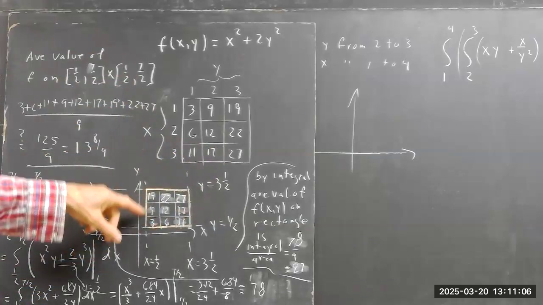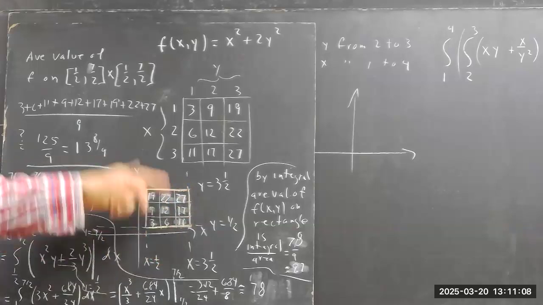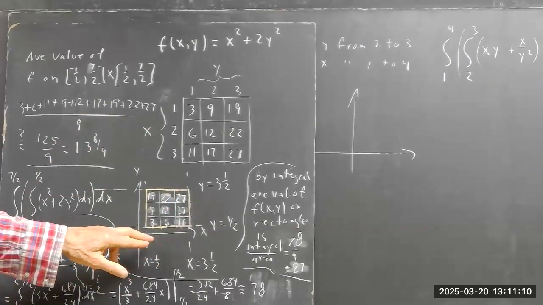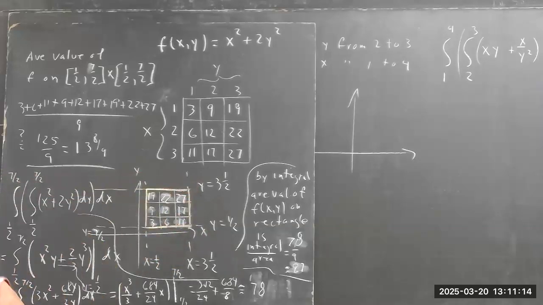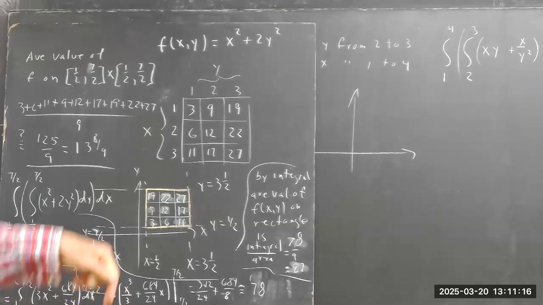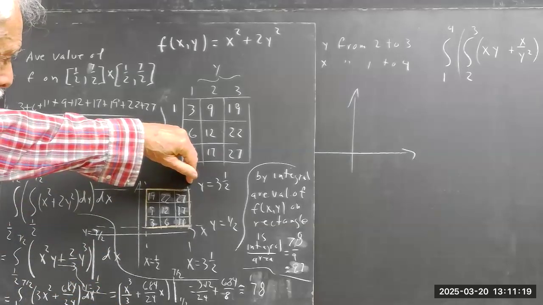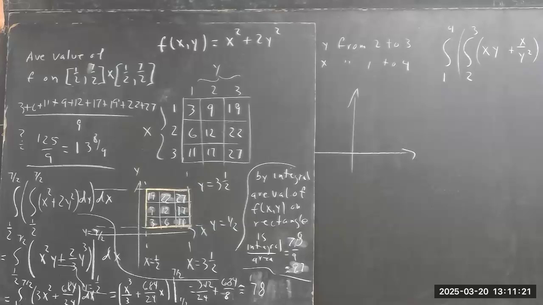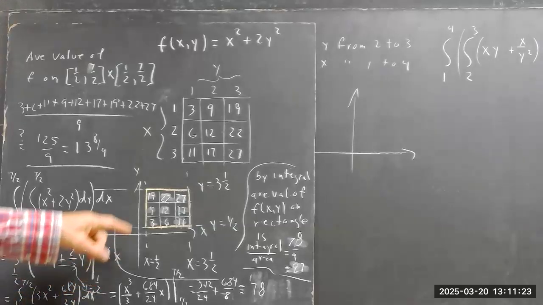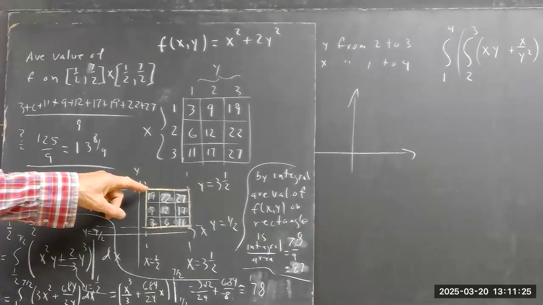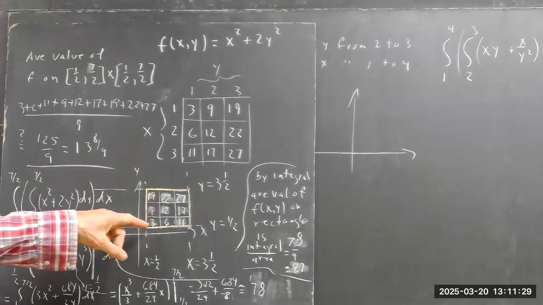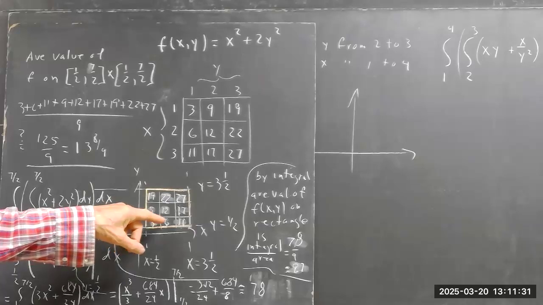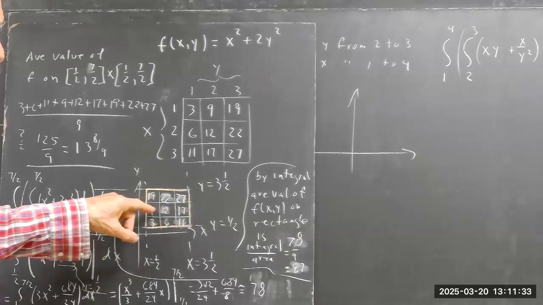Well, then we depicted a region of the xy plane from y equals 1/2 to y equals 3.5 or 7/2, and from x equals 1/2 to x equals 7/2. Okay, and we said that these numbers occurred at the points right in the center of these squares.